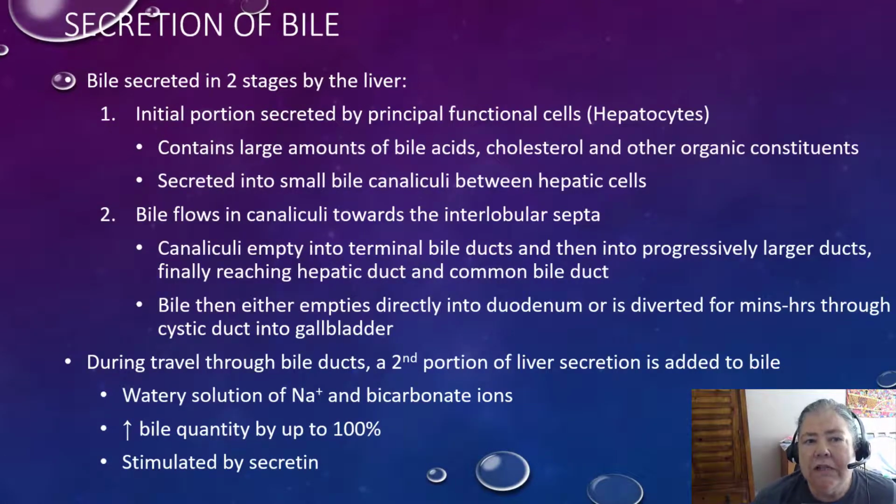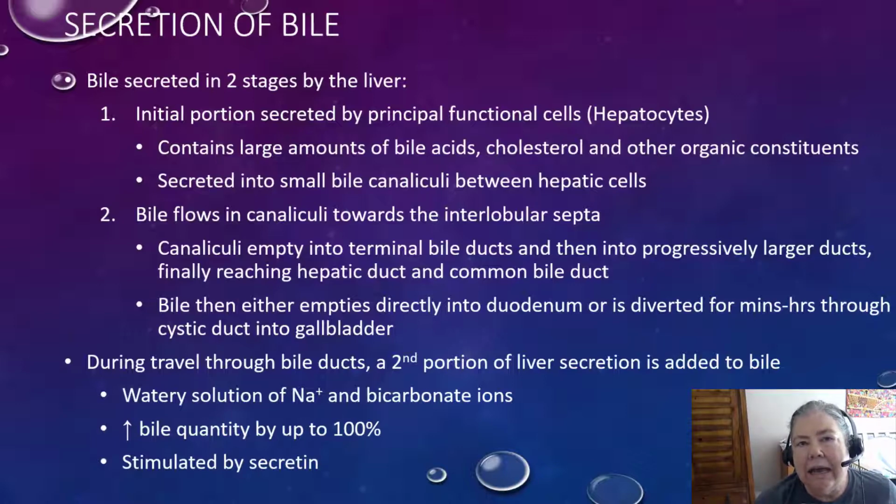There are 2 stages of bile secretion. It is made by hepatocytes, and in the first stage it is secreted into tiny bile canaliculi between hepatocytes. In that initial bile, there are a lot of bile acids, cholesterol, and some other organic substances.